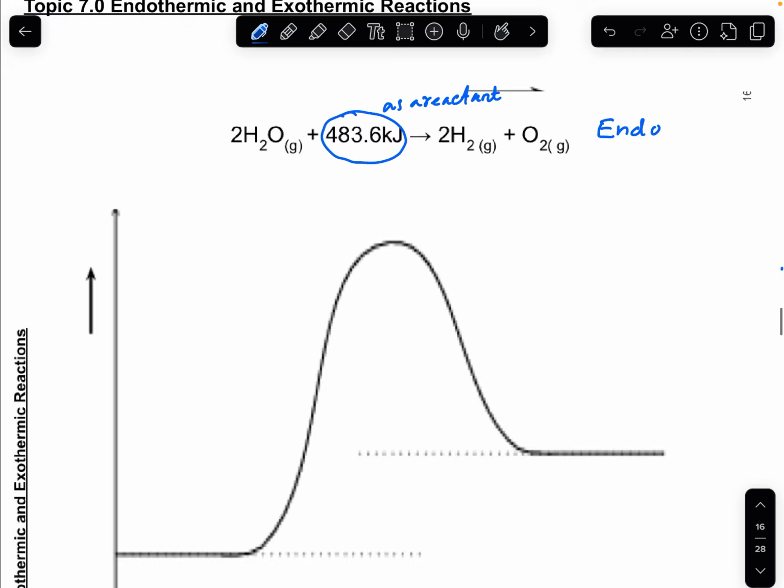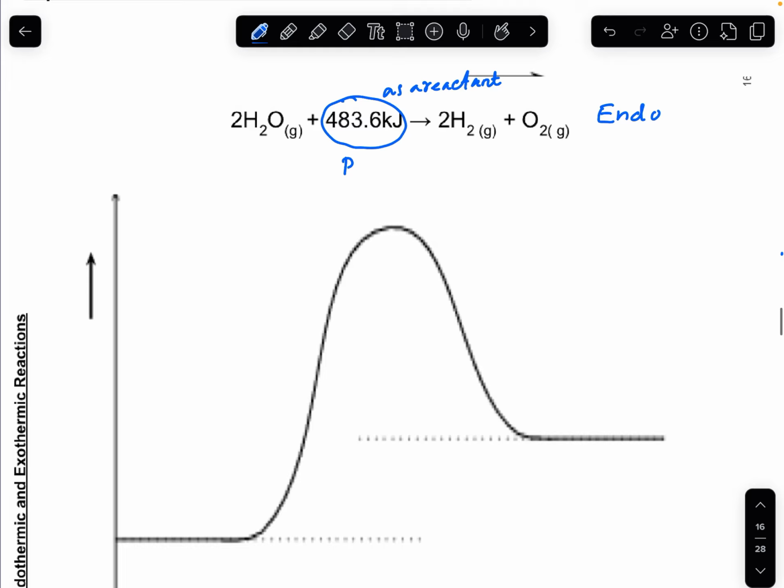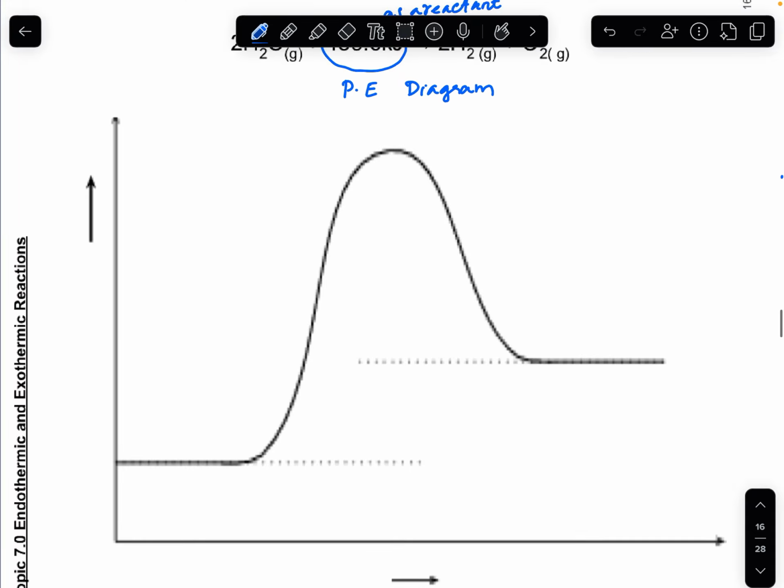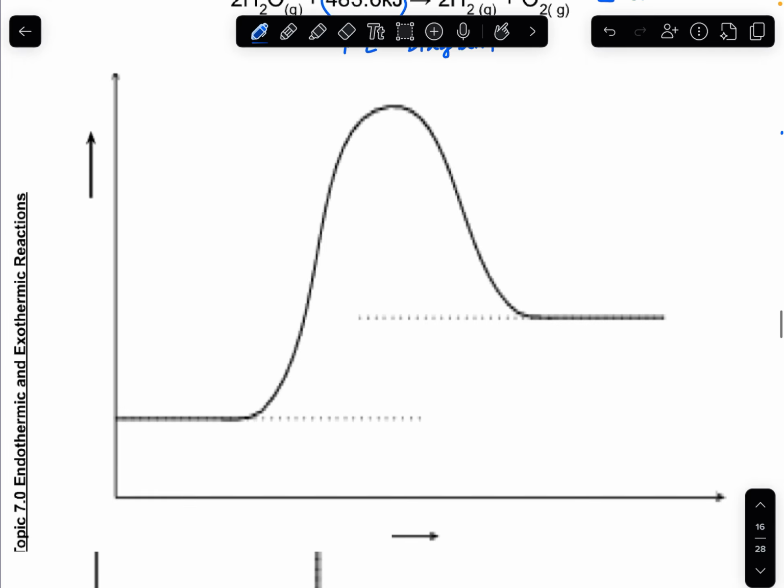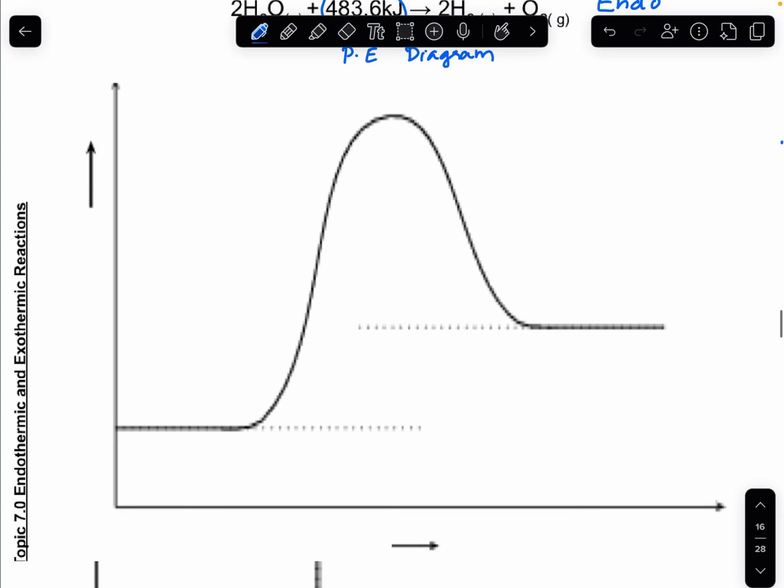So this is how we are going to draw the potential energy diagram. Here the x-axis is the reaction coordinate, how the reaction is happening, or you can just record the time here. And the y-axis is potential energy.